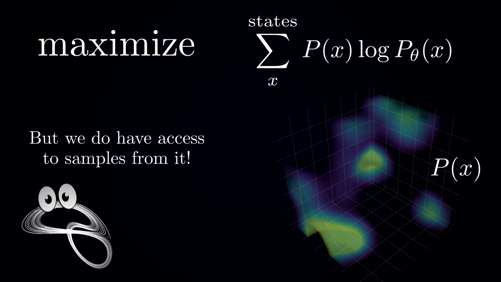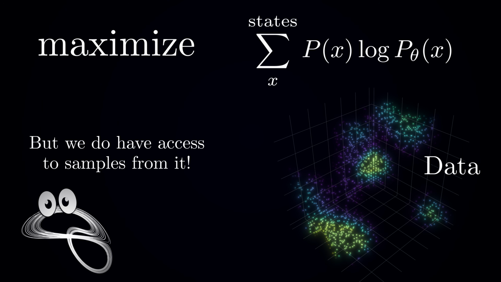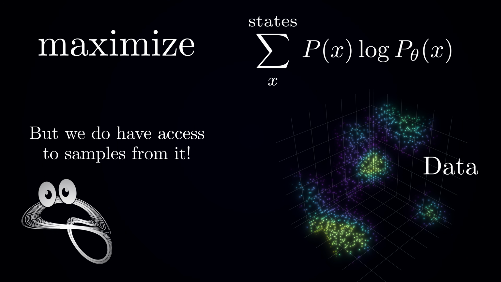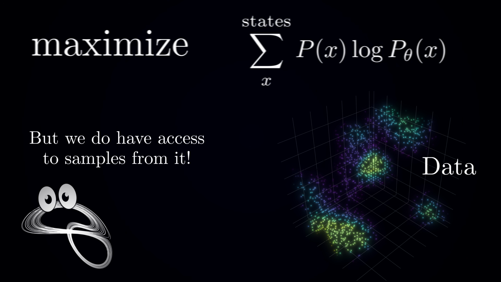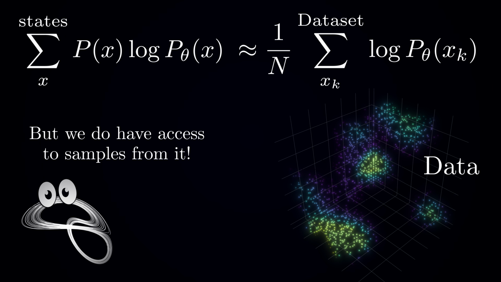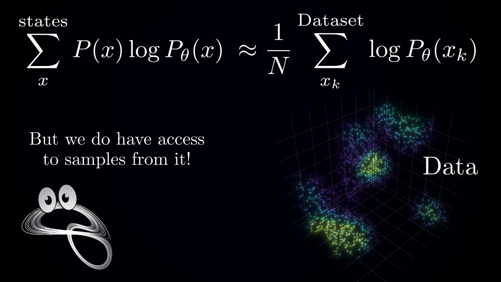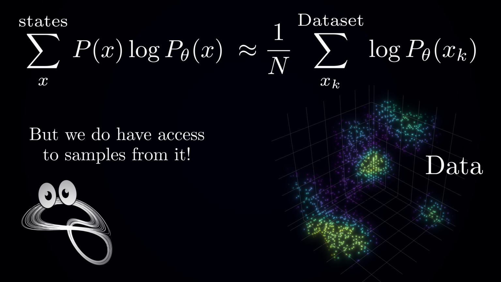Fortunately, we have access to a finite number of samples from this distribution, our dataset of measurements that we painstakingly collected. This allows us to approximate the expectation over the true underlying data distribution with a simple average over our training samples. The intuition behind this approximation is as follows.